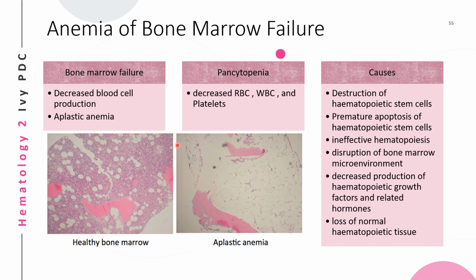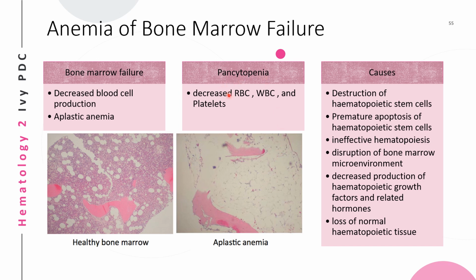So this is a bone marrow in aplastic anemia, and this is a bone marrow in a healthy individual. As we can see in the first picture, there is an abundance of hematopoietic stem cells producing new cell lines, while in aplastic anemia, there are defective or damaged stem cells.